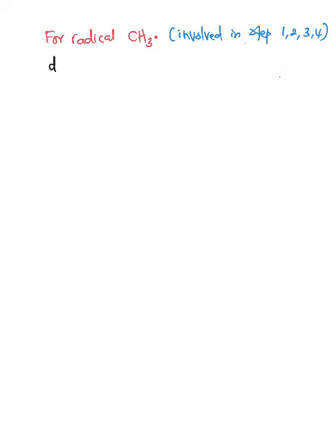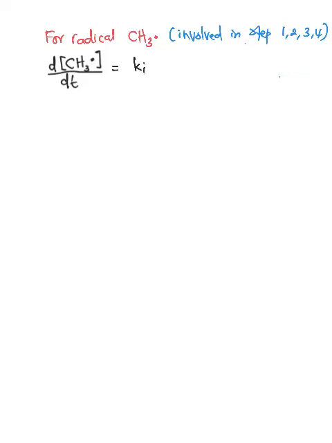We want to write it in terms of concentration, so in brackets. Brackets mean the concentration. In the first step, the initiation step, CH3 appears, so it will be positive.